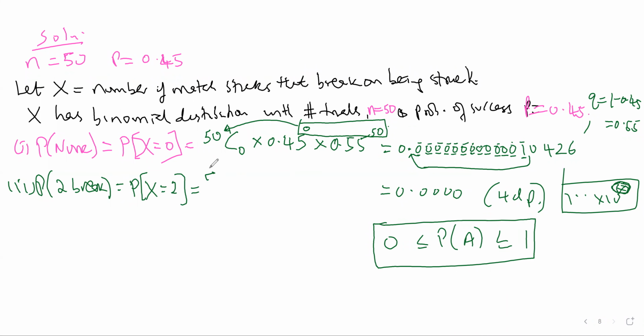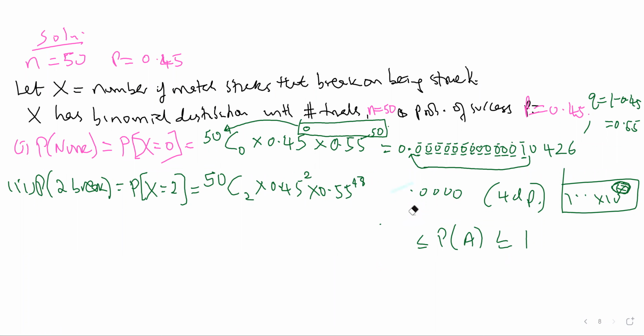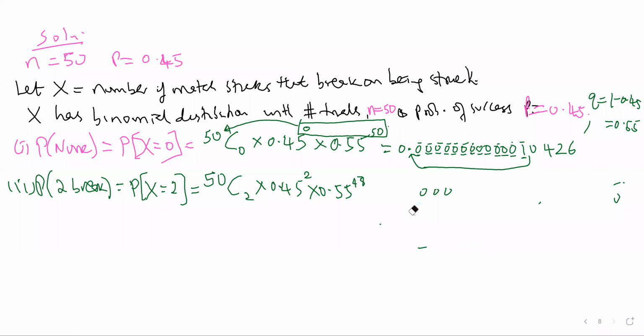That is the same as, from 50 choose 2, times 0.45 power 2, times 0.55 power 50 minus 2, which is 48. So let's evaluate that.